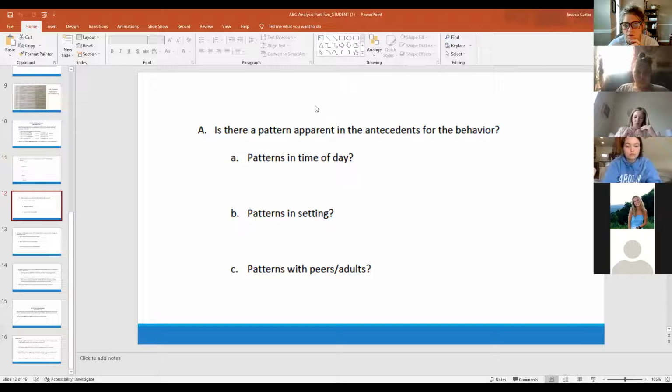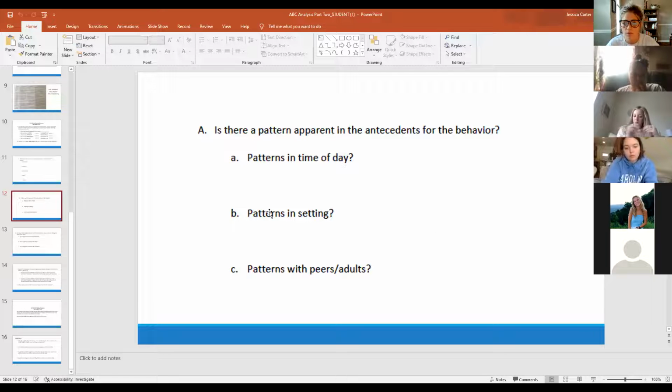All right, so another challenge to the task then is, we've sort of mentioned this idea here under C, that there are patterns with specific children, right? But we also want to make sure that we're looking for patterns in time of day, as well as patterns in the setting. Someone mentioned that they noticed a lot of this aggression happening during free play. And so that's important to key in on, right? Because there were a couple instances, I know one I mentioned, of mealtime aggression or nap time aggression, but largely speaking, our issues are happening during free play, it seems like.